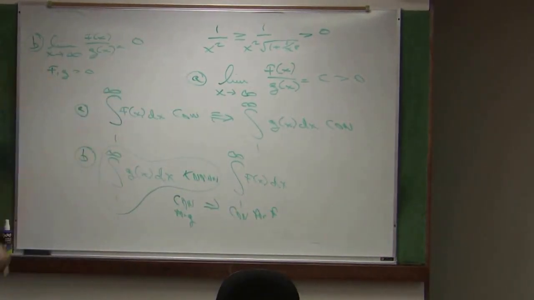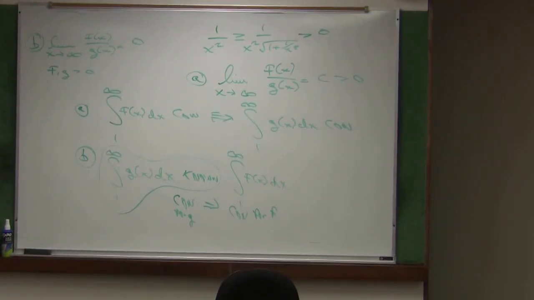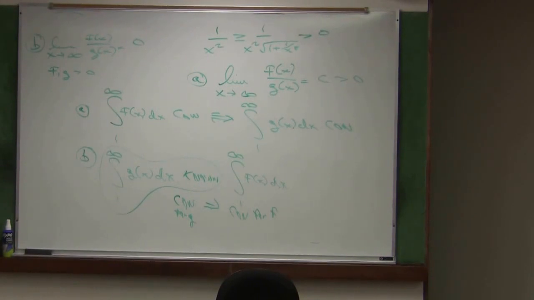But what if g diverged? Would you get information at that point? g is a lot larger. It happens to go to infinity when you integrate it. Would you necessarily get information? No, you wouldn't get information. You still wouldn't know.